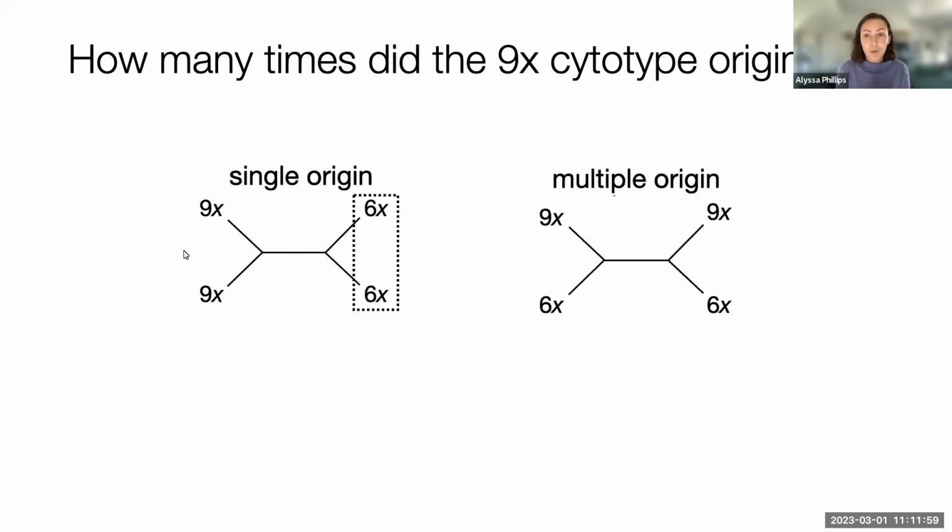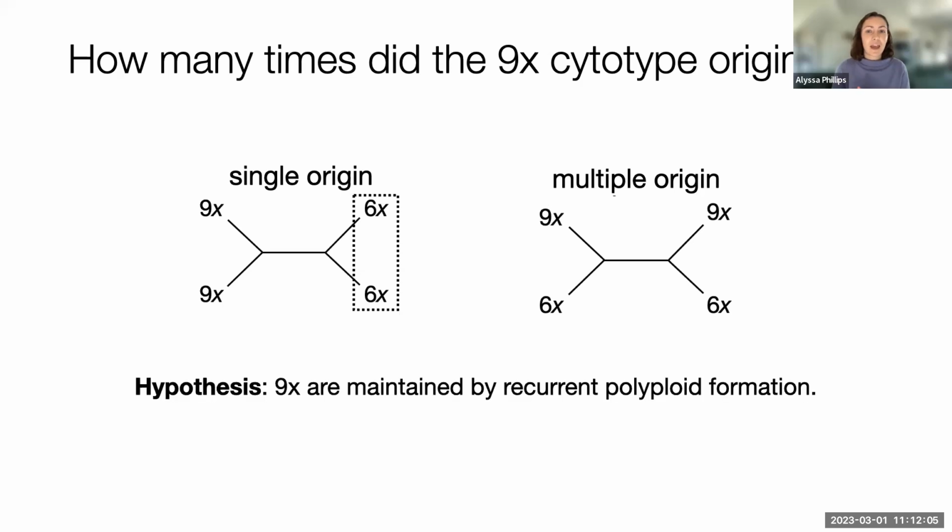Alternatively, you could have multiple origins, and so we would expect to see genetic groups composed of multiple ploidy levels. Given the cytology and the life history of the species, we would expect that the 9X probably have multiple origins, and that they're maintained by recurrent polyploid formation.